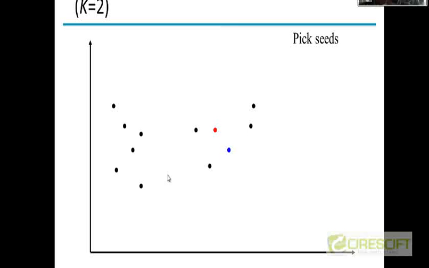So let's look at the example that we went through and try to argue that G will actually go down with every iteration of the algorithm.